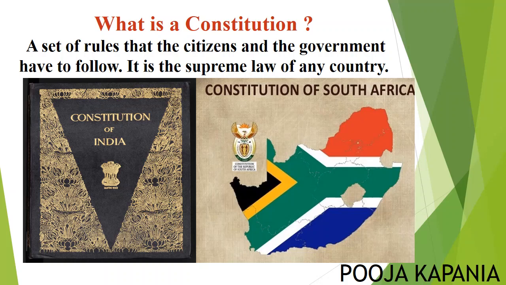We begin by looking at what happened there and how the South Africans went about designing their constitution. Then we turn to how the Indian constitution was made, what its foundational values are, and how it provides a good framework for the conduct of citizens' life and that of the government.